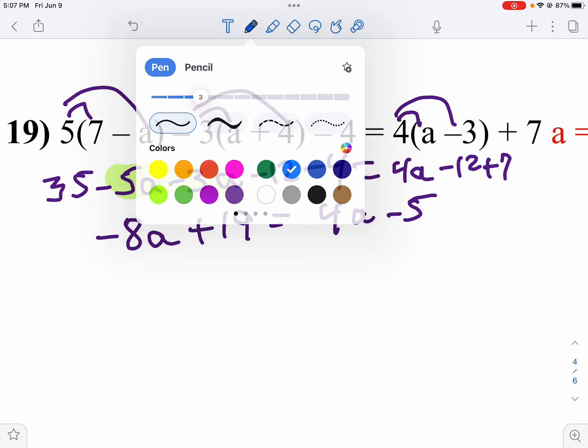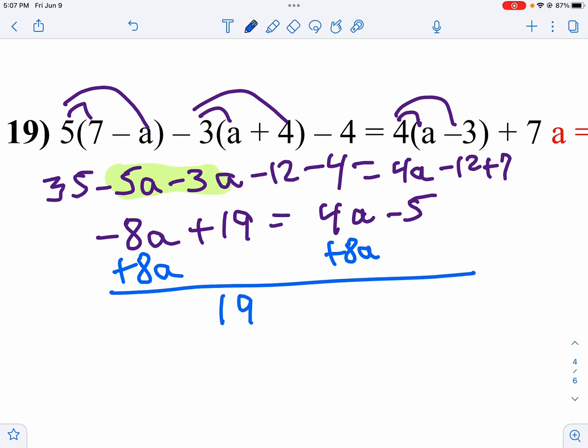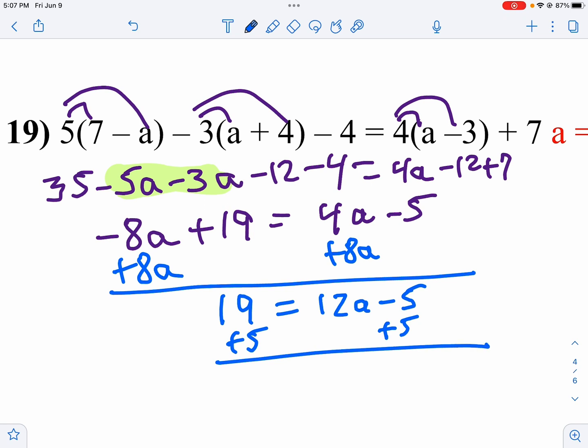I'll choose the side that makes them positive, so I'm going to add 8a to both sides. So I bring down the 19. 4a plus 8a is 12a minus 5. Then we'll add 5 to both sides, and 19 plus 5 is 24 equals 12a.